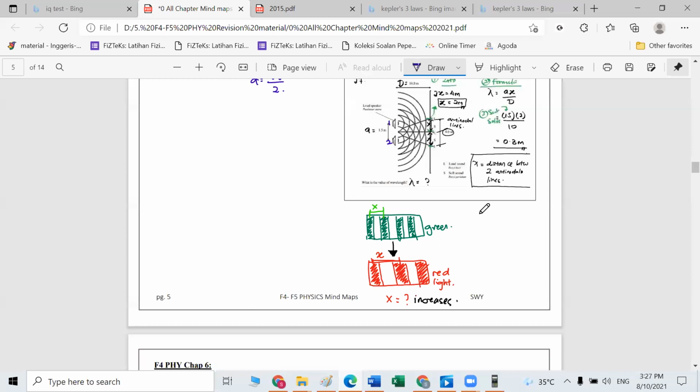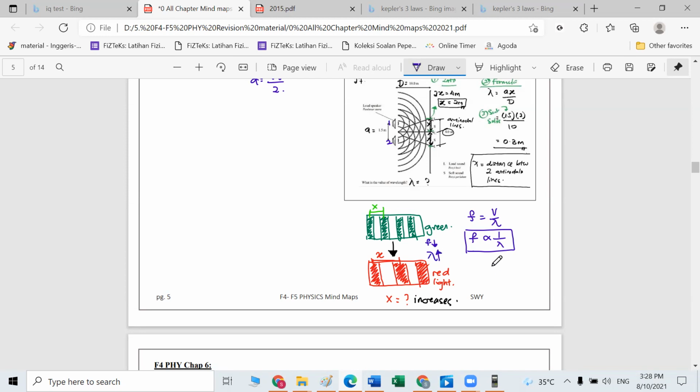Okay, why? Because f equals v over lambda, which means f is inversely proportional to lambda. So from green to red, the frequency decreases, but the wavelength increases.